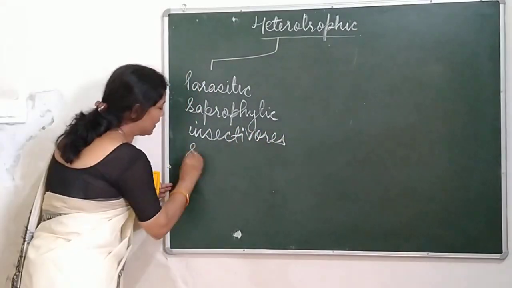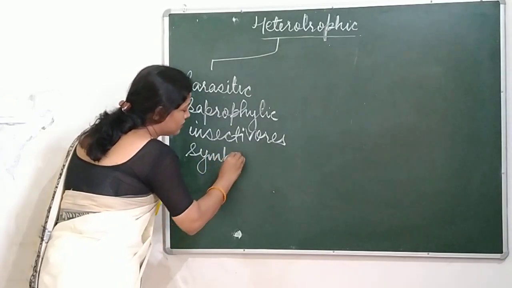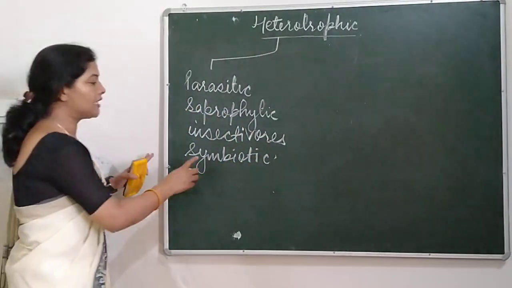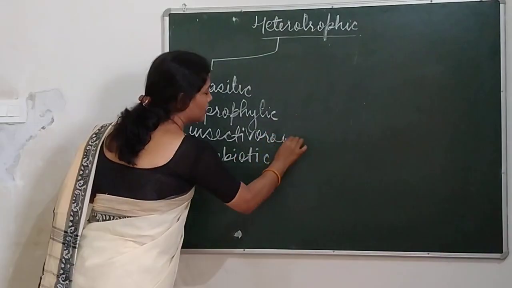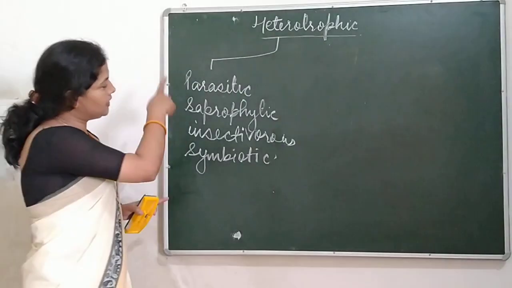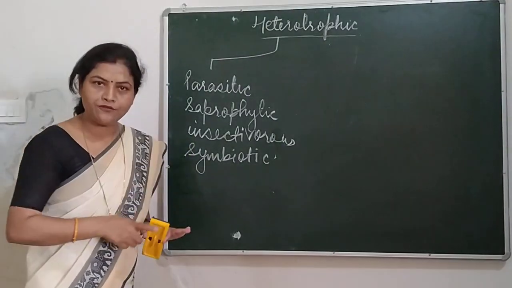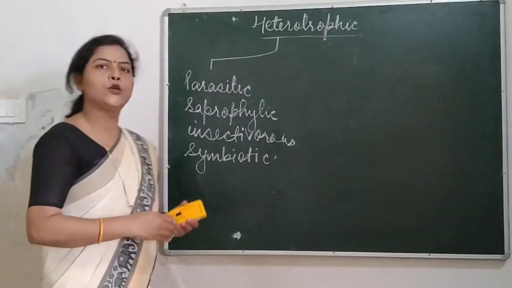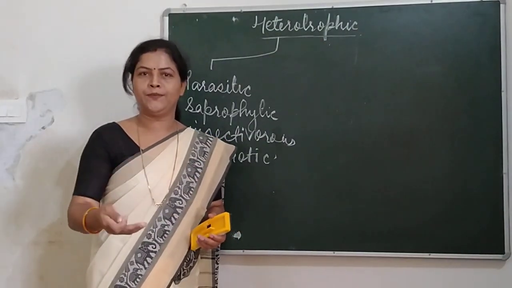And the fourth one is symbiotic. Insectivorous, symbiotic, saprophytic and parasitic. These are the types of nutrition in non-green plants. So let us go through these all one by one.